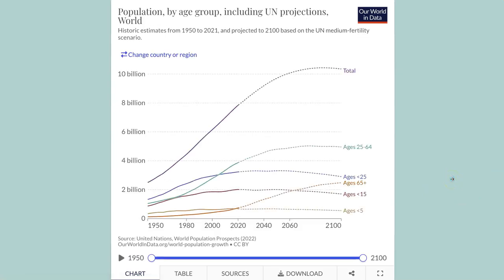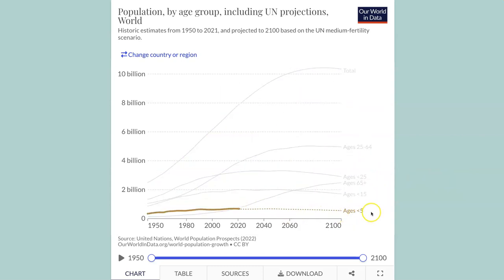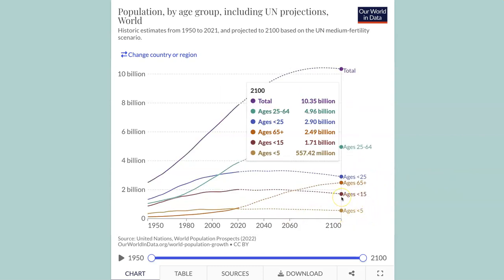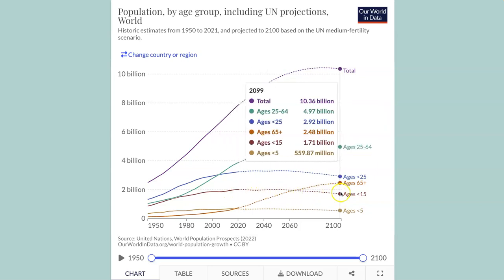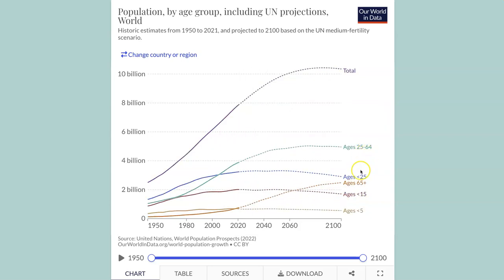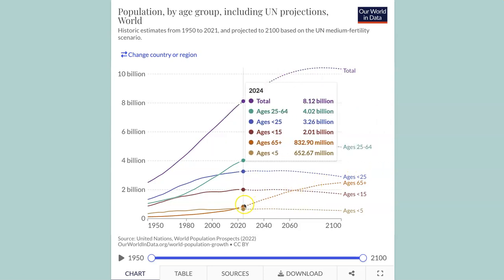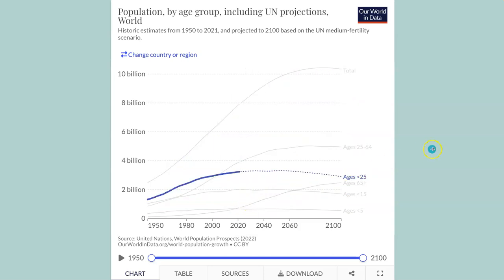So in population by age group, the younger generation, the age below 15, will be decreasing. But the age 65 and older, you can see, is increasing more and more. As you can imagine, the older generation may live longer and might be economically active in the job market.